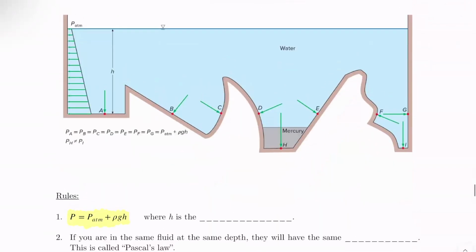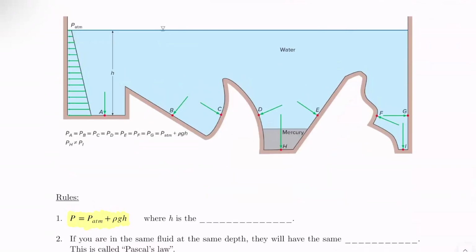But essentially, if you want to know the pressure at any given point, we will be using some reference pressure at the surface plus the density times gravity times the height of the fluid that's above you. All right. And then here, H is the depth from a reference pressure.